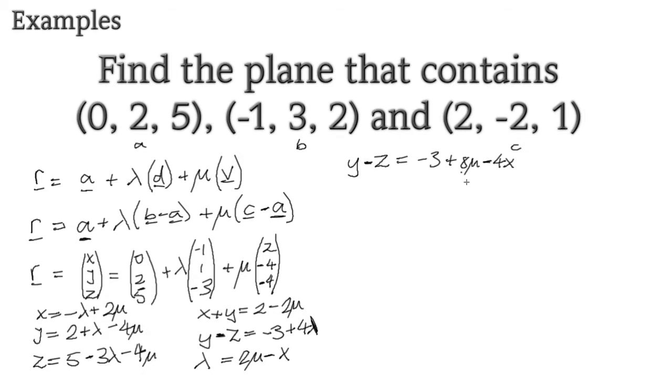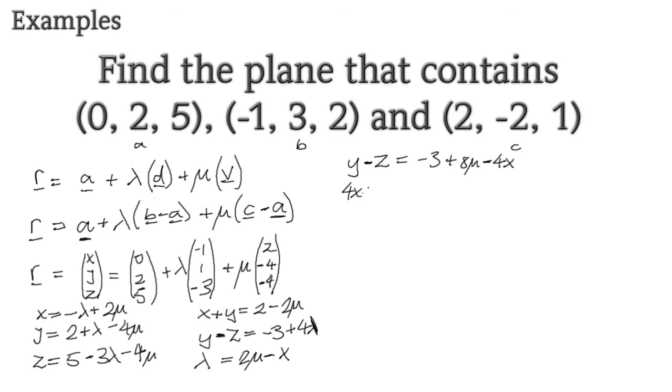Now we have an 8 mu that we need to get rid of. Actually no, we want to use this equation because we have a mu defined without the lambdas. So in order to get 8 mu, we multiply this whole thing by 4.